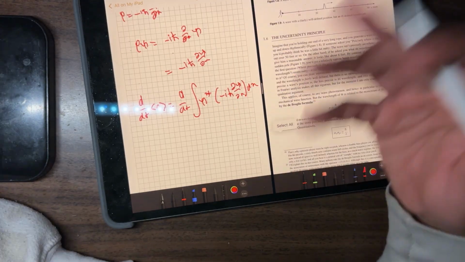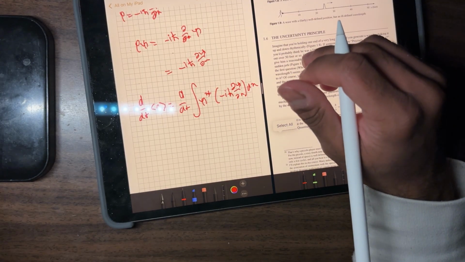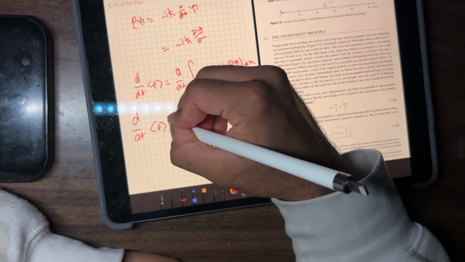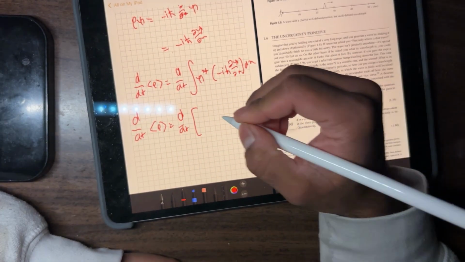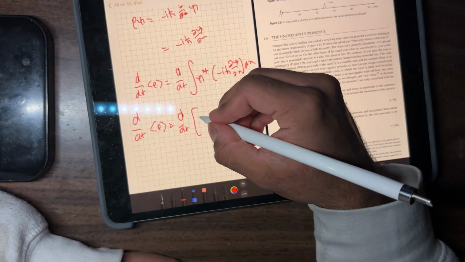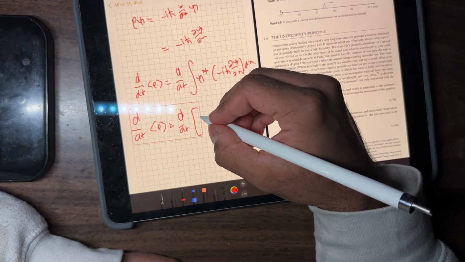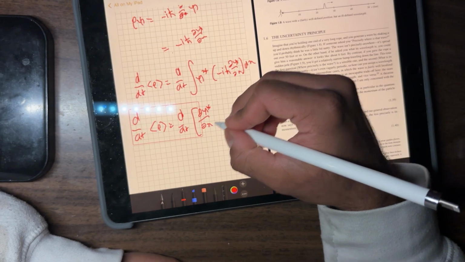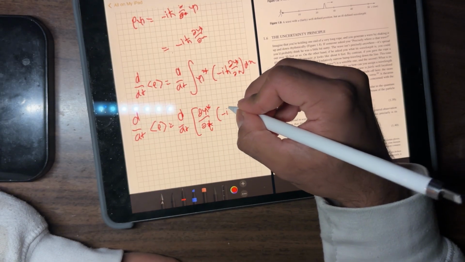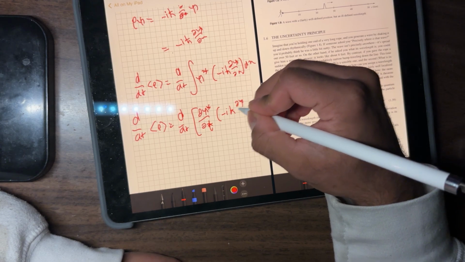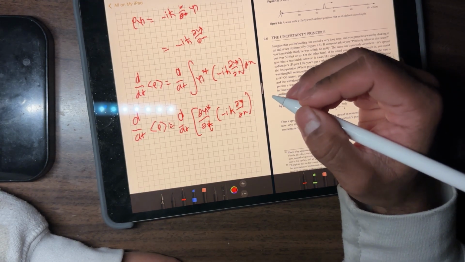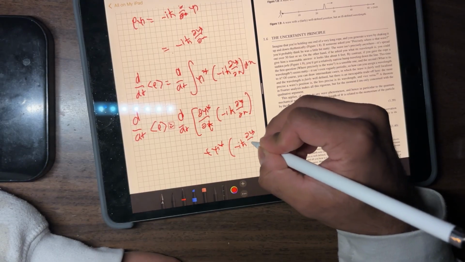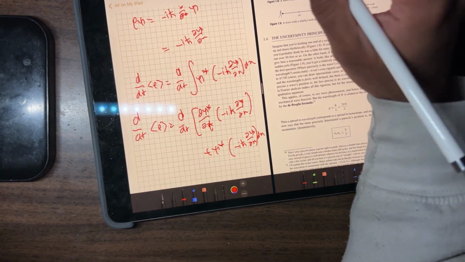And because you have a psi conjugate and then psi and all that stuff, then you're simply going to have d by dt of expectation value of p, which is d by dt curl psi conjugate by curl t minus iota h bar curl psi by curl x plus psi conjugate minus iota h bar curl psi by curl x dx.